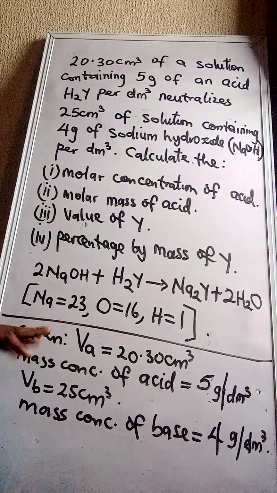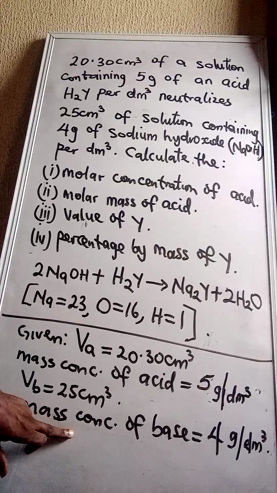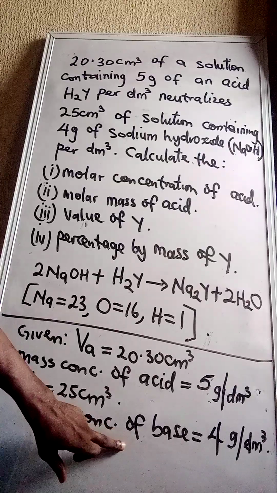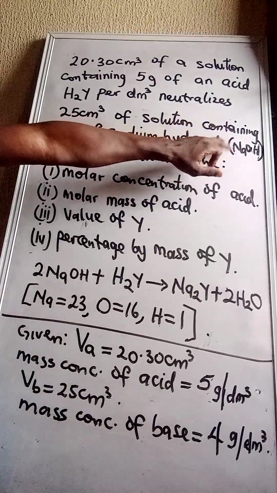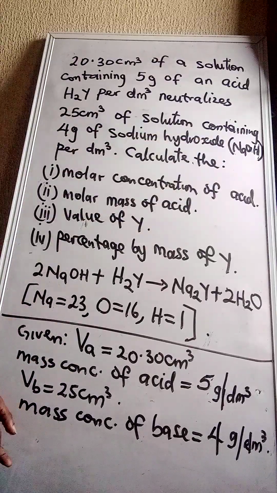So the first step is to use this mass concentration of the base and the molar mass of the base, which I'm going to calculate now, to find the molar concentration of the base. That's the first step. You start from where you have complete information.